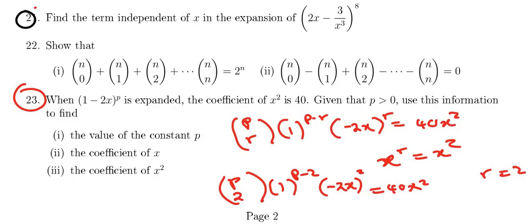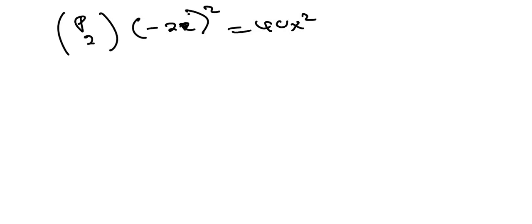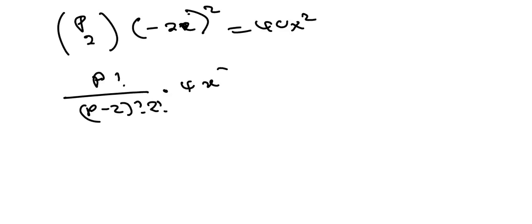So p factorial over p minus 2 factorial and 2 factorial, times 4x squared, is 40x squared.